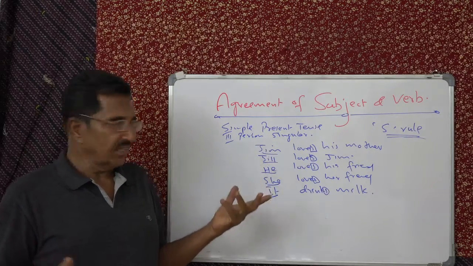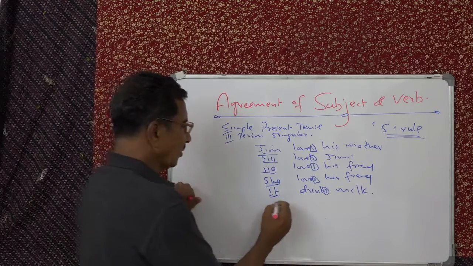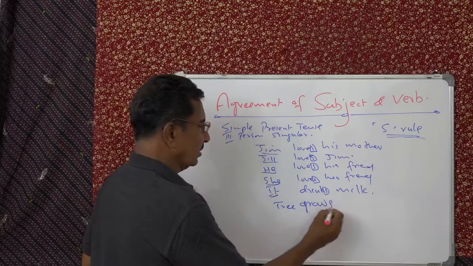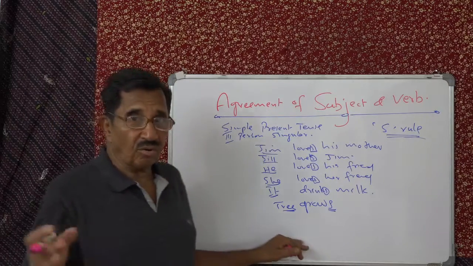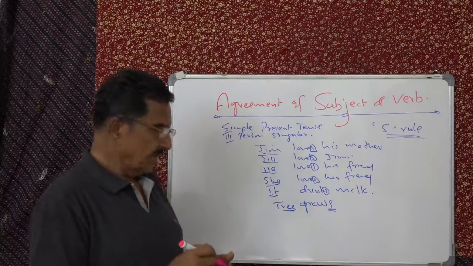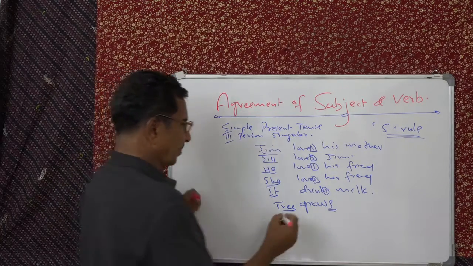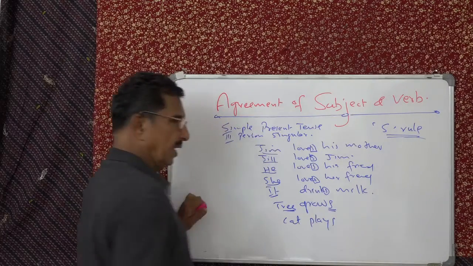Now see, tree grows. Not tree grow. Tree grows, third person singular. Trees grow. Don't confuse. Cat plays, not cat play.